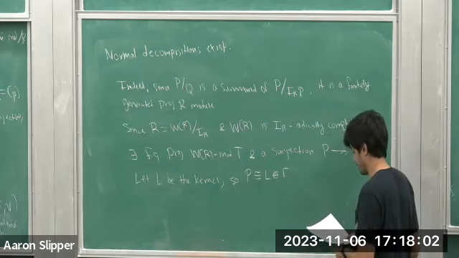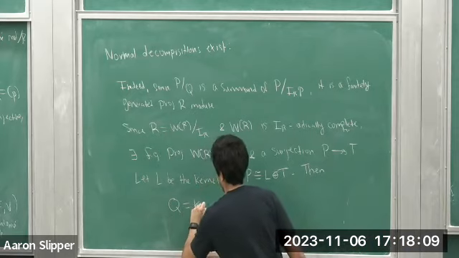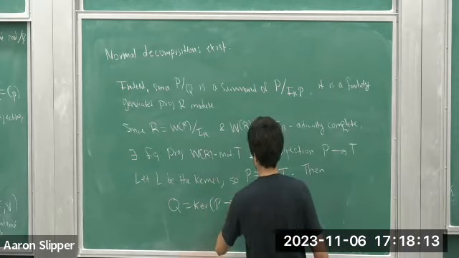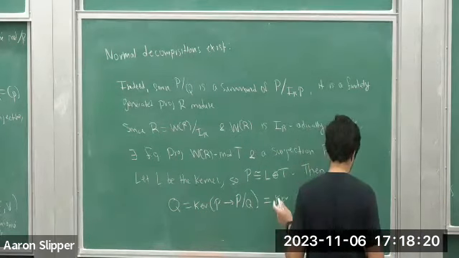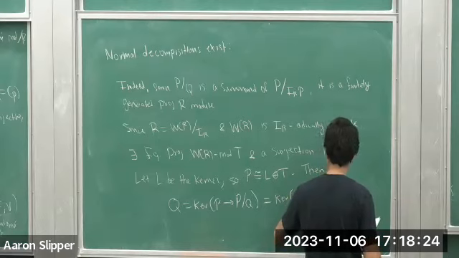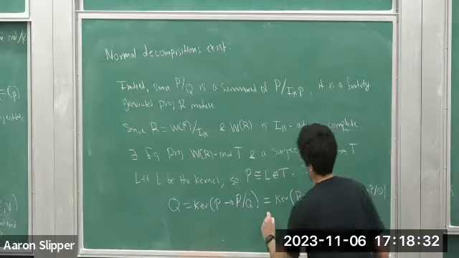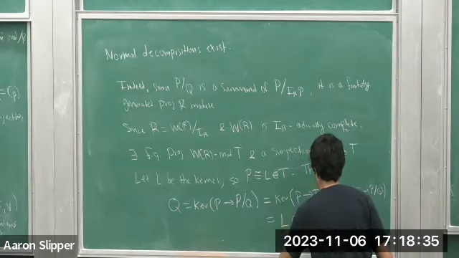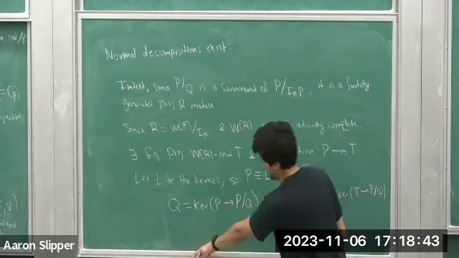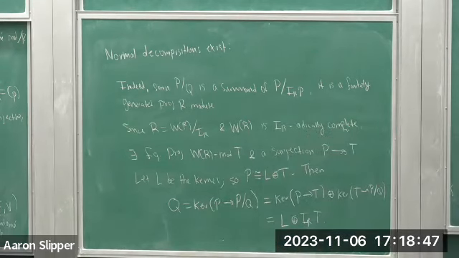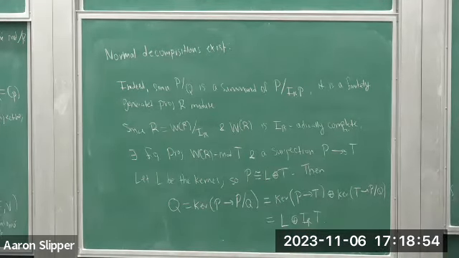And Q is just the kernel of P to P mod Q, which is just the kernel of P plus Q, L plus I R T. Should I keep that definition up or?